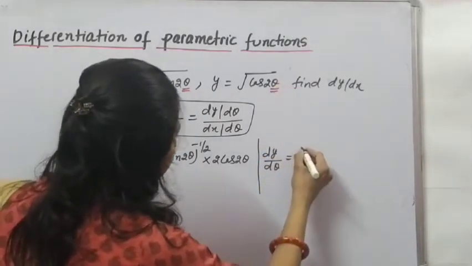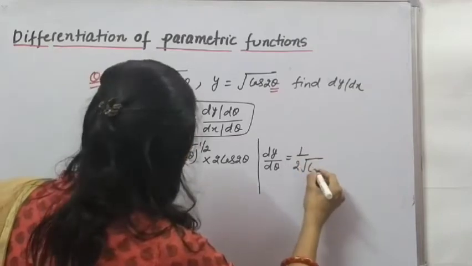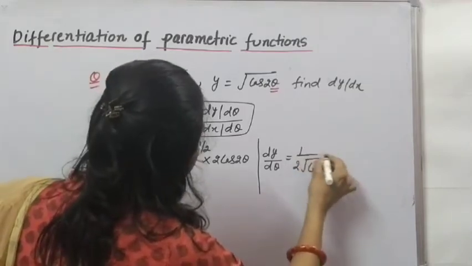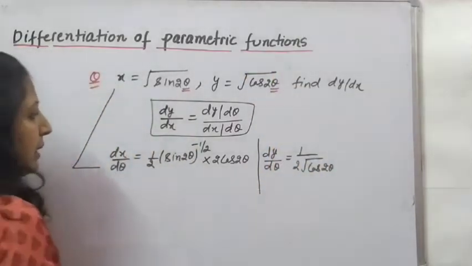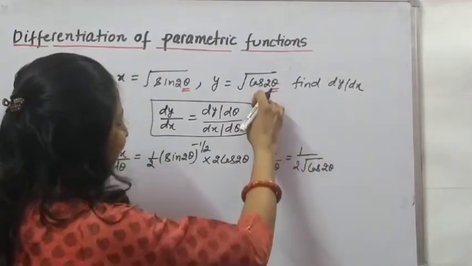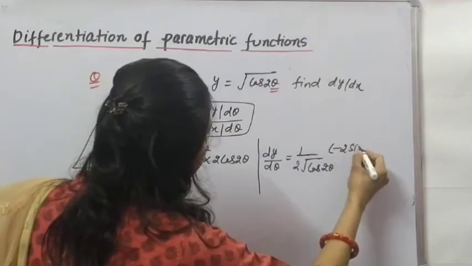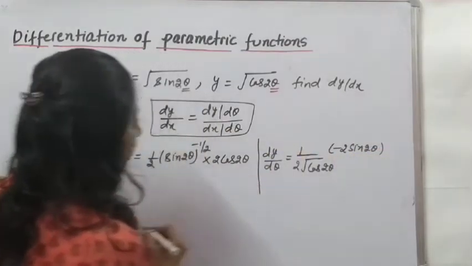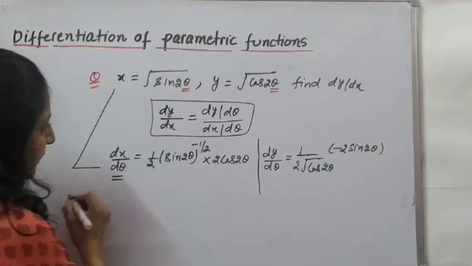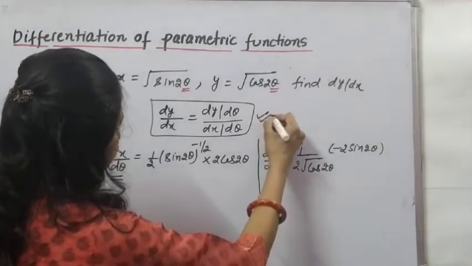So it will be 1 by 2 root cos 2 theta, because cos 2 theta raised to power minus 1 by 2 will come in the denominator, and then differentiate cos 2 theta, so it will be minus 2 sin 2 theta, right?